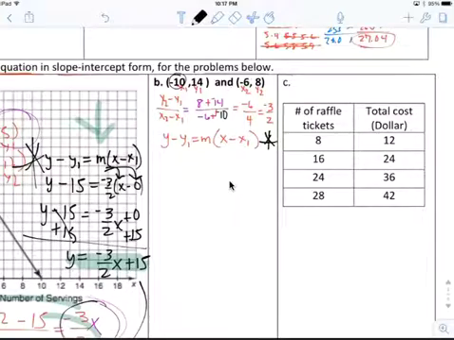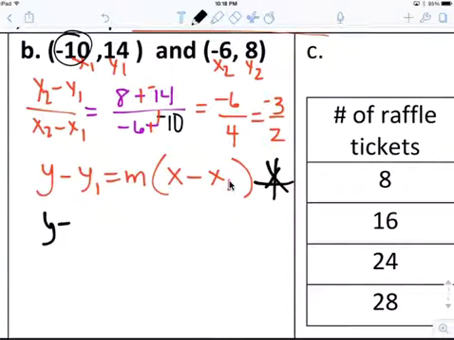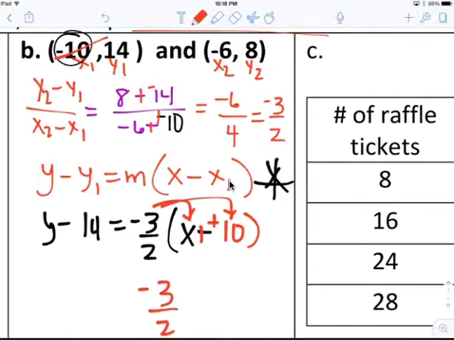No shortcut. You have to use the point slope formula. This is called the point slope formula. So you need to do y minus 14 equals negative 3 over 2 parentheses x minus a negative 10. Be careful here. You don't put just a 10, but it's a negative 10. So you're distributing negative 3 over 2x.